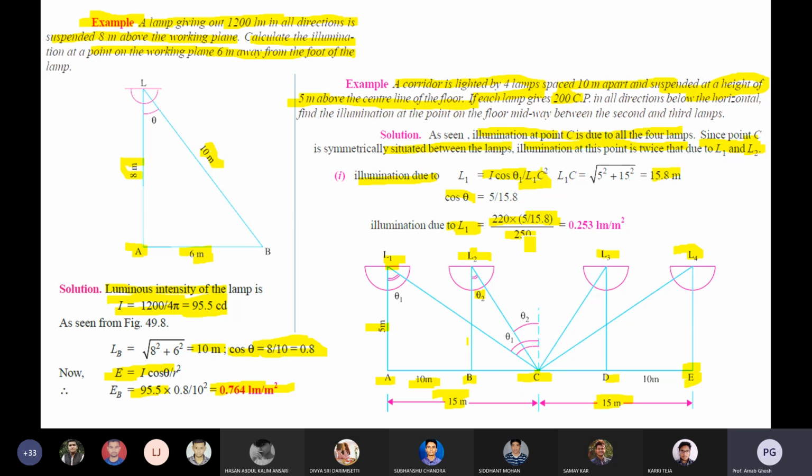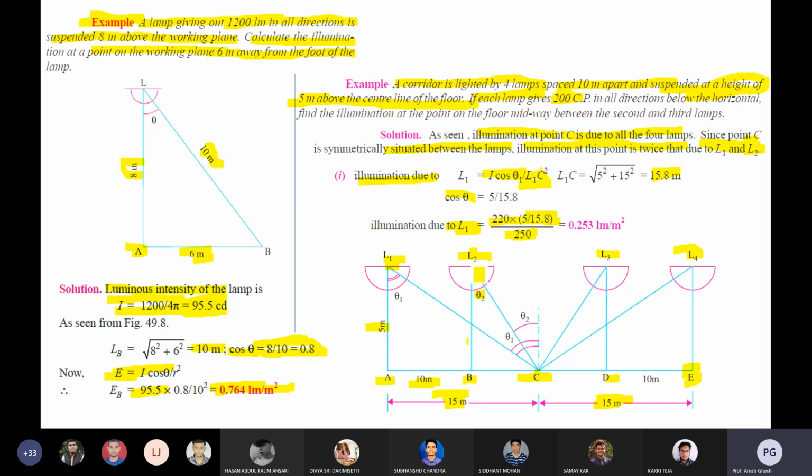So this value is actually LC square. LC square means 5 square plus 15 square. 15 square means 225 and 5 square 25. So directly it is 250.